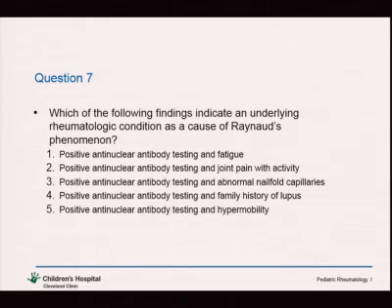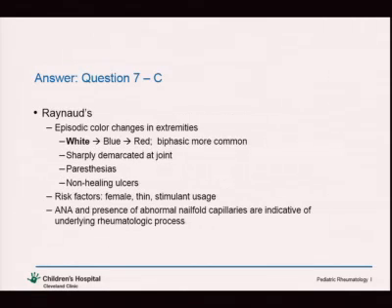So that concept of Raynaud's phenomenon compared to Raynaud's disease. There you go. So you're ending on a good note. If you have a positive ANA and abnormal nail-fold capillaries, that's a sign of secondary Raynaud's pathology.